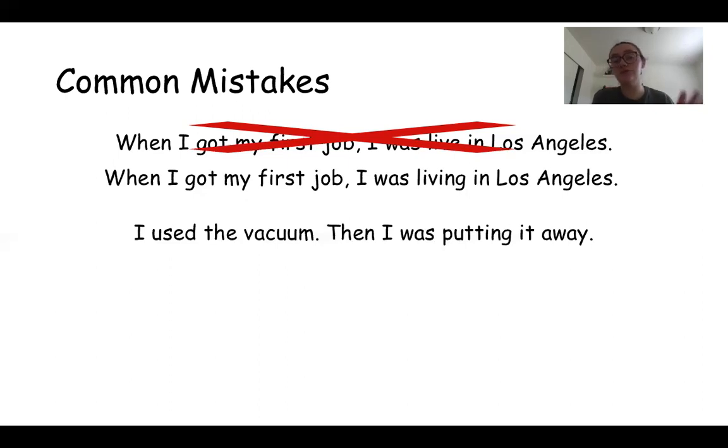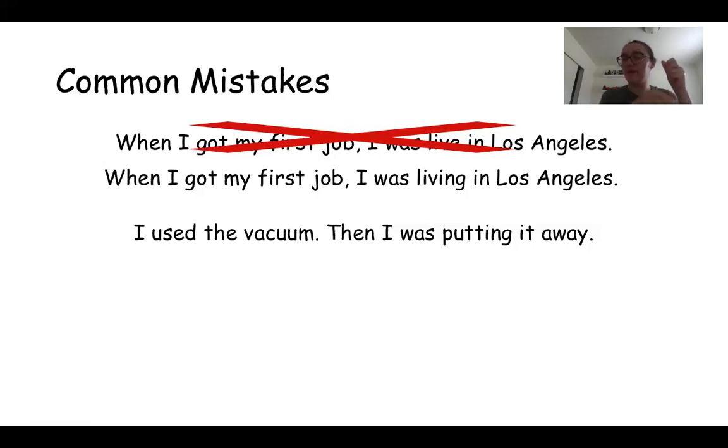I used the vacuum, then I was putting it away. Now this is incorrect because if you said I used the vacuum, it kind of makes sense, right? Because you used the vacuum and then you were putting it away.